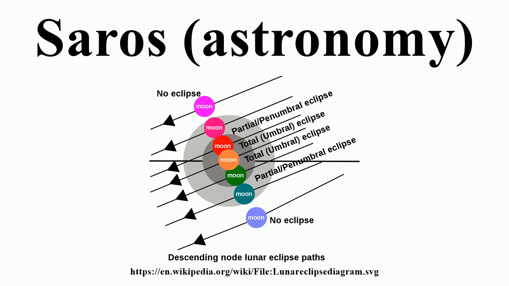Description. The Saros, a period of 6,585.3211 days, is useful for predicting the times at which nearly identical eclipses will occur. Three periodicities related to lunar orbit, the synodic month, the draconic month, and the anomalistic month, coincide almost perfectly each Saros cycle.